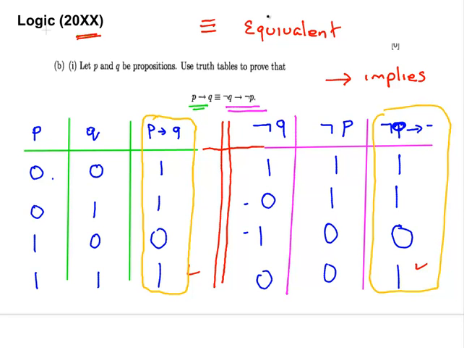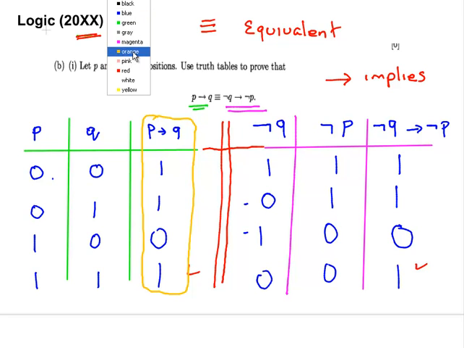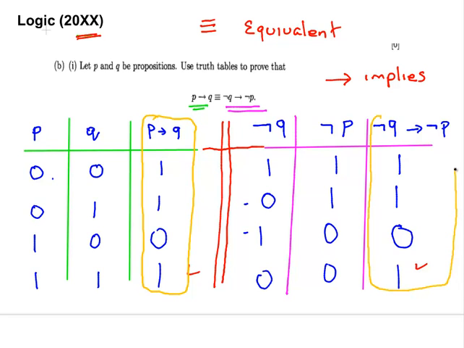So that's not Q implies not P. Okay. And again, that was similar. So these two are the exact same. So just make a little statement about that in your question. All right, that's a proof by truth table.